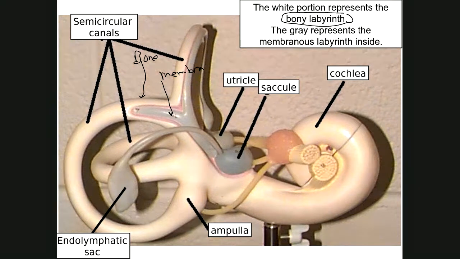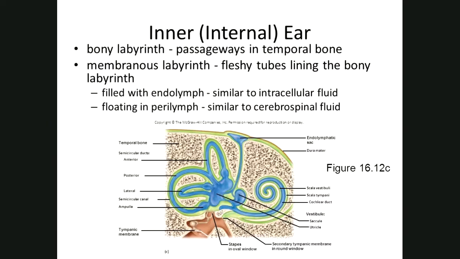It follows the exact same path. And so that's the membranous labyrinth. We go back to this other picture again. Bony labyrinth, that's the hollow tube pathway through the bone. And then the membranous labyrinth is the tube that follows that same path.